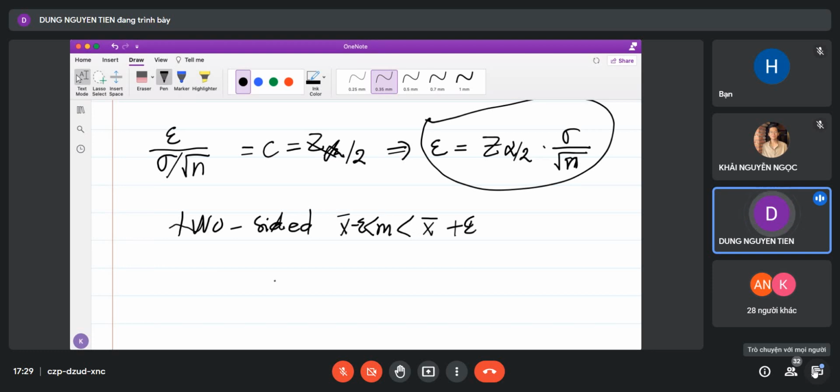Sometimes you want something like m is less than x bar plus epsilon, and you call it the right-sided confidence interval.